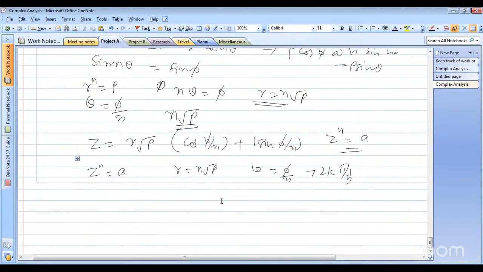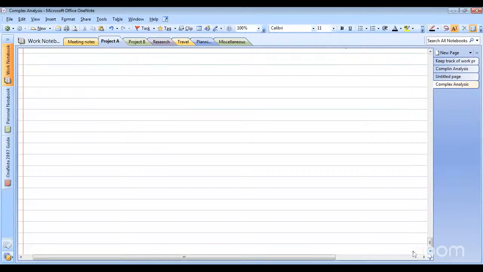However, only the values k equal to 0, 1, 2, up to n minus 1 give different values of z. For k equal to n plus 1, we get the same values of z again. Let us verify.